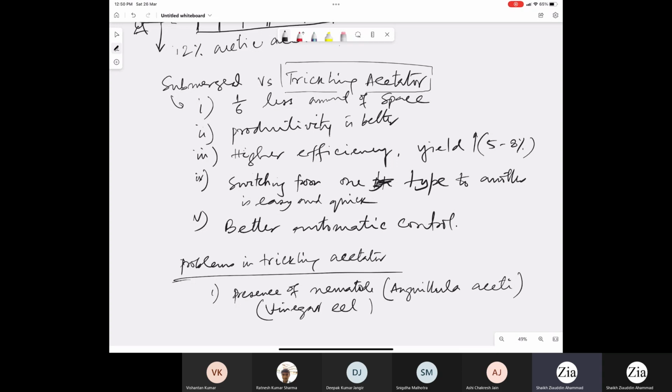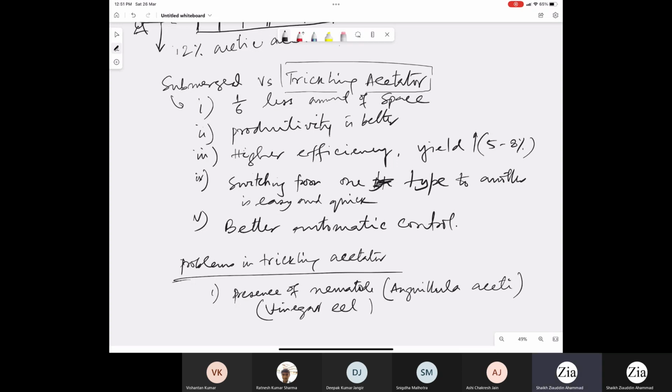So vinegar eel is one of the common problems with the trickling acetator. And earlier, people used to think that the presence of vinegar eel is essential to get good quality vinegar. Later they realized that this particular organism, this nematode, is actually creating problems rather than helping the production.